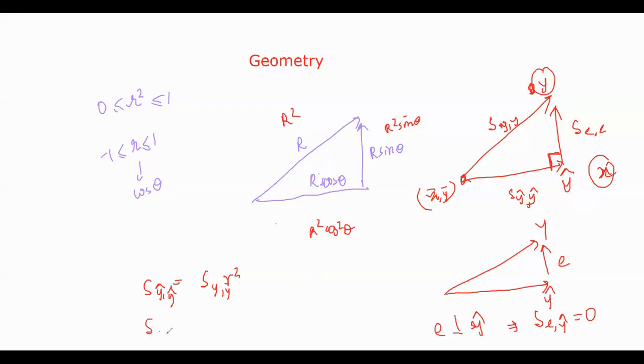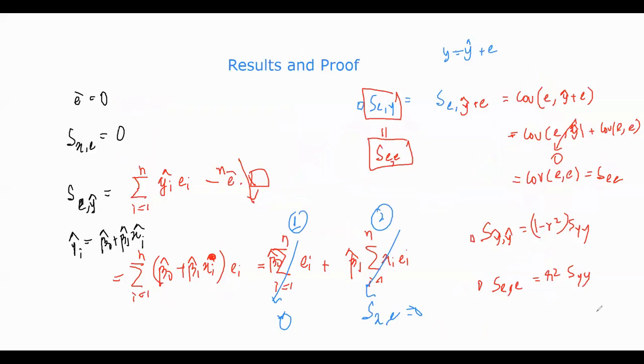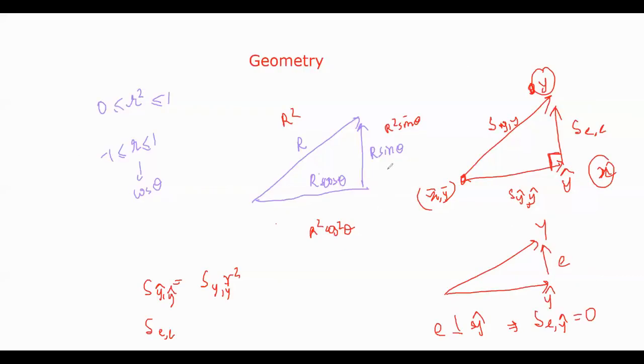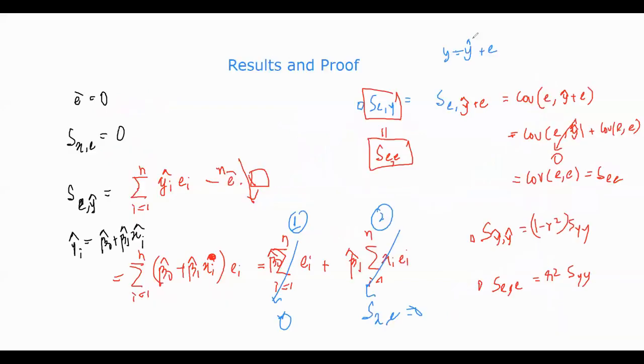And therefore S of e comma e, am I doing it right? So it will be 1 minus r square, I guess. It will be sine theta or something like that. So essentially you got the idea. This is 1 minus r square, and this will be r square times S yy. Have I gone wrong? Yes, I have done it correctly before.